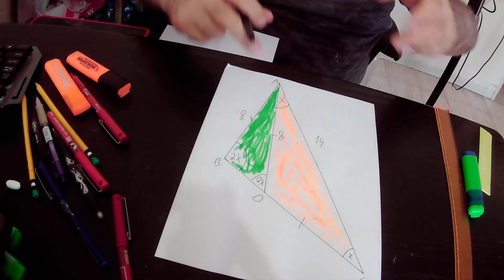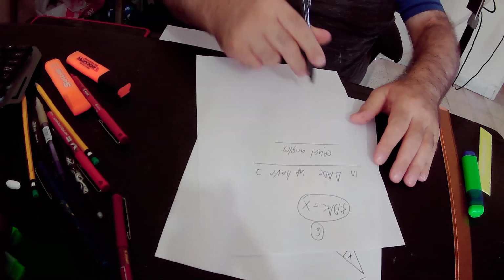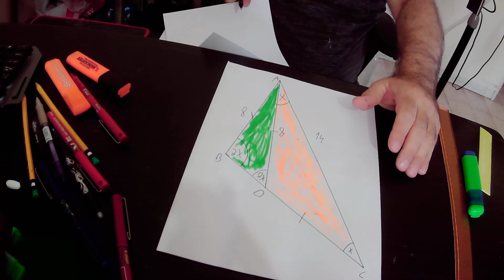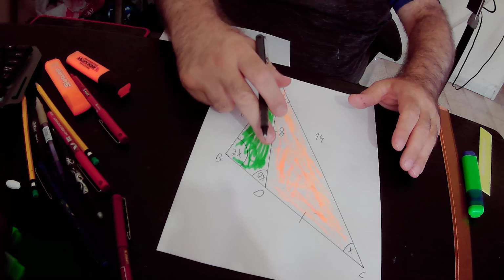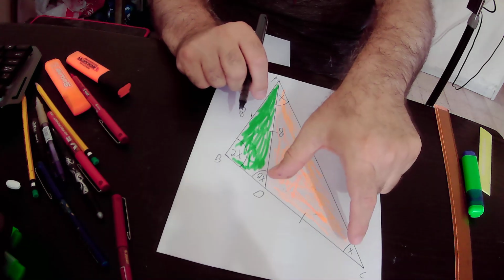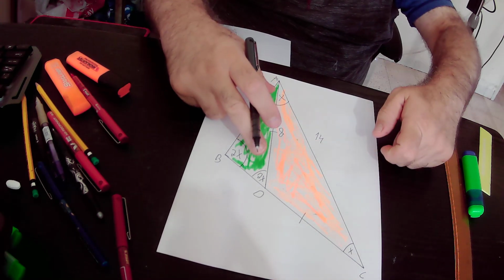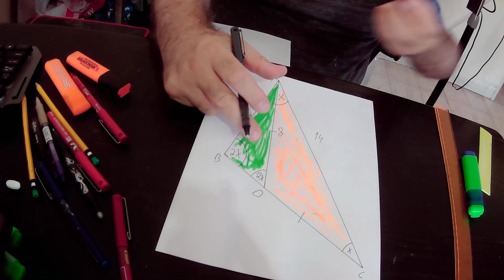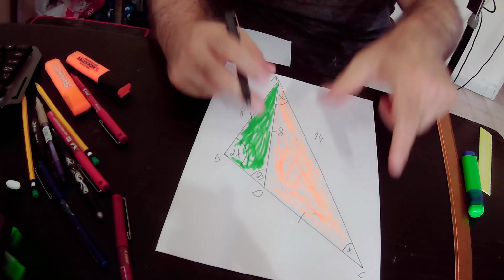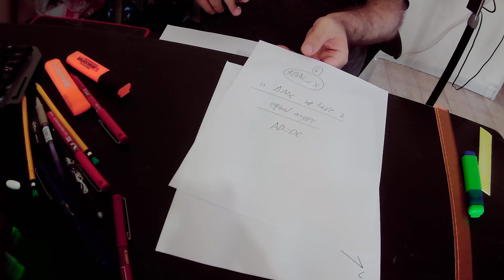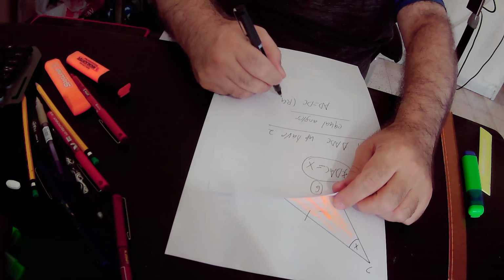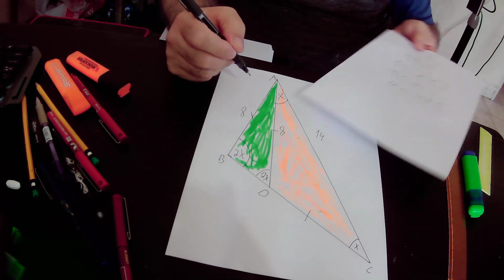That is to say, AD equals DC according to rule number 1.